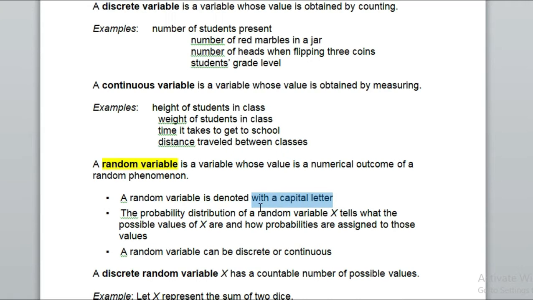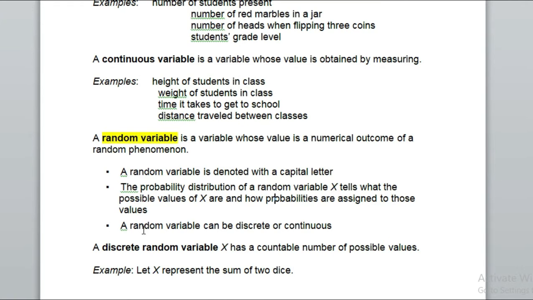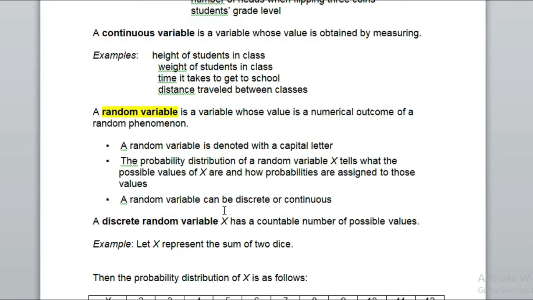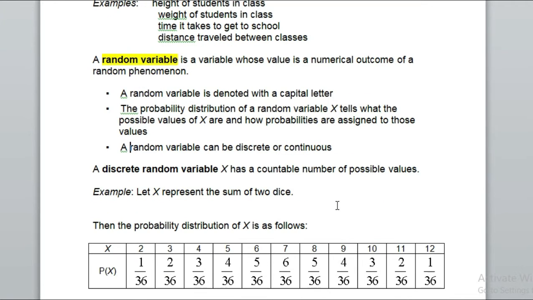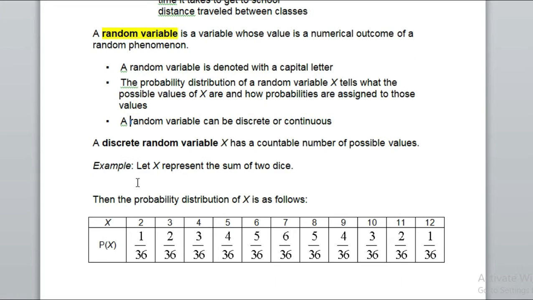The probability distribution of a random variable x tells what the possible values of x are and how probabilities are assigned to those values. A random variable can be discrete or continuous. Let's talk about the two types: the first is the discrete random variable, and the second is the continuous random variable.